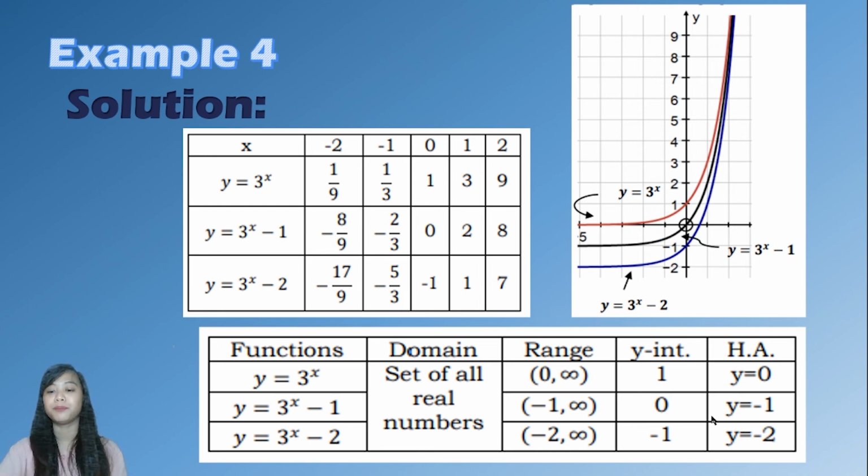Then for our second function, y equals 3 raised to x minus 1, this is the horizontal asymptote, meaning it simply approaches this line, y equals 1, but never touches. For the last graph, we have y equals negative 2.